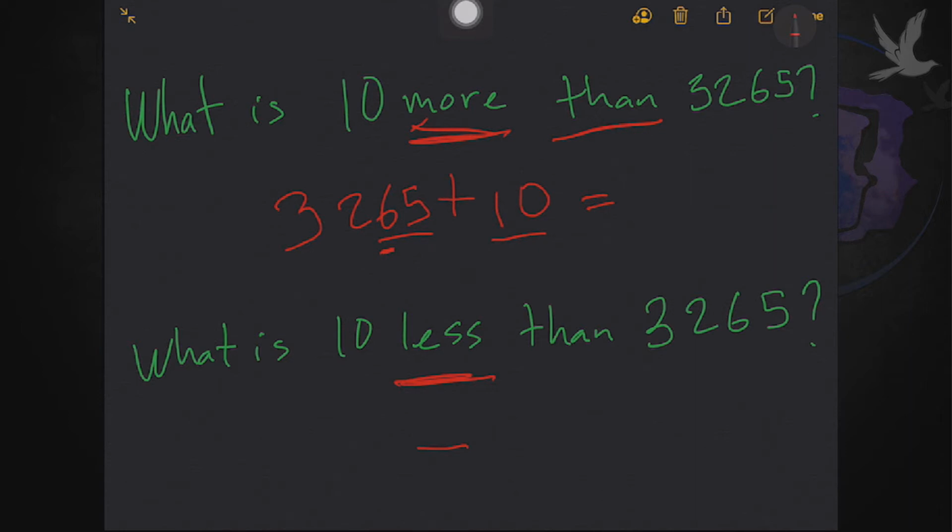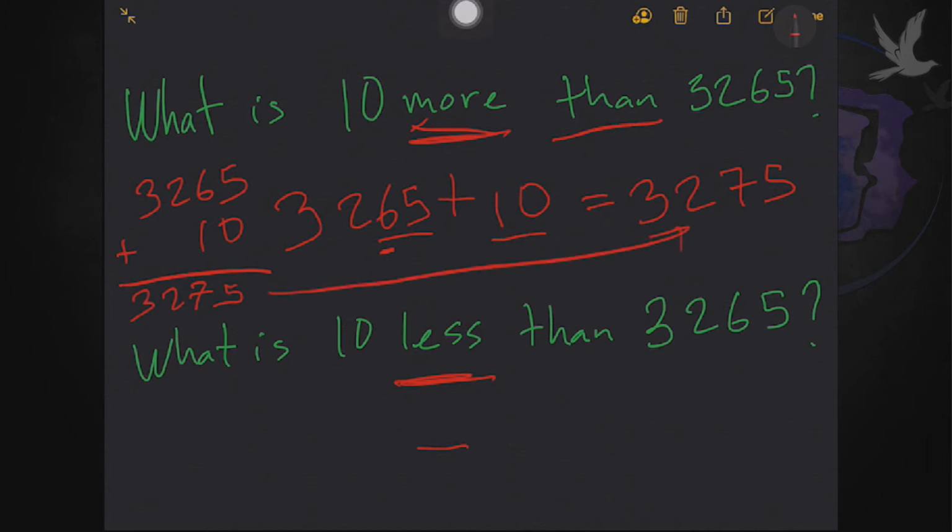Automatically, it will become 7. So that's 3,275. Or if you really want to see how it's done, you can just write 3,265 plus 10. So this is the entire process. 5 plus 0 is 5. 6 plus 1 is 7. Bring down 2 and 3. So observing, we have the same answer.